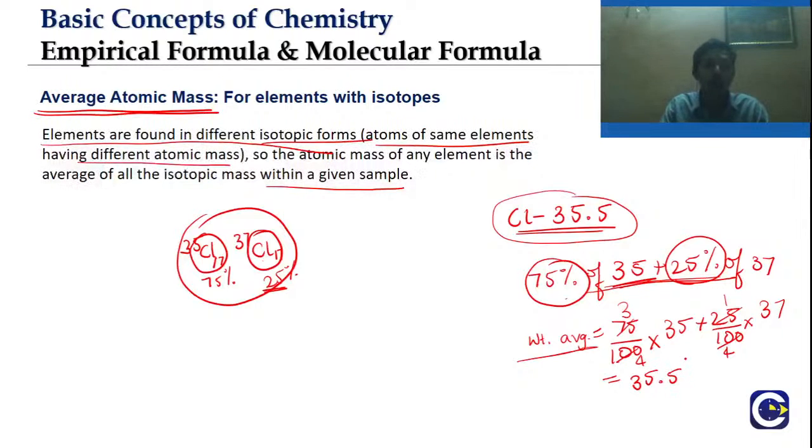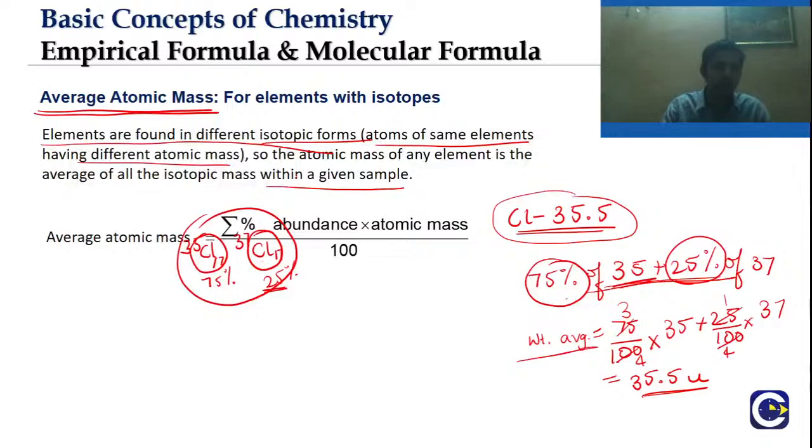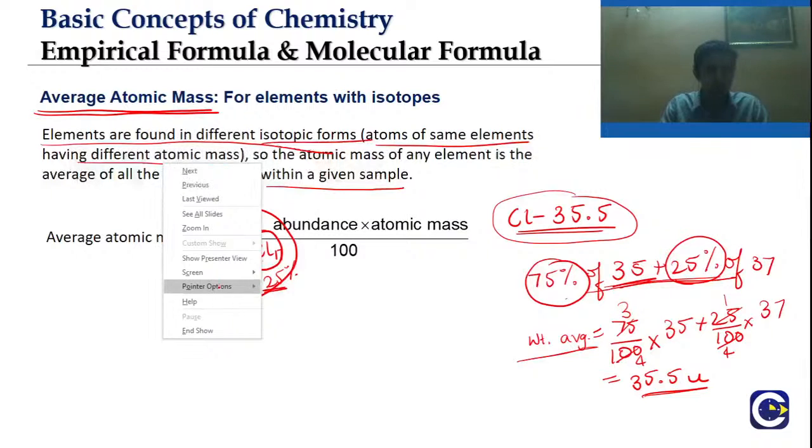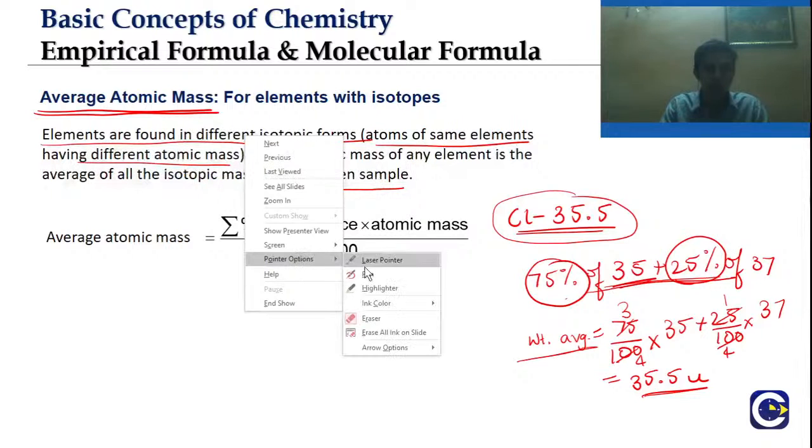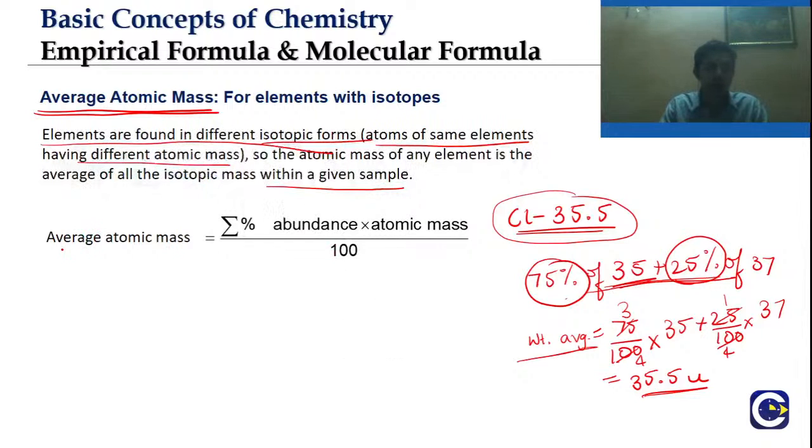Now what will be the unit of atomic mass? It will be U. So the answer will be 35.5 U. Or else, there is a direct formula: percentage abundance into atomic mass, and the summation of that will be the average atomic mass.